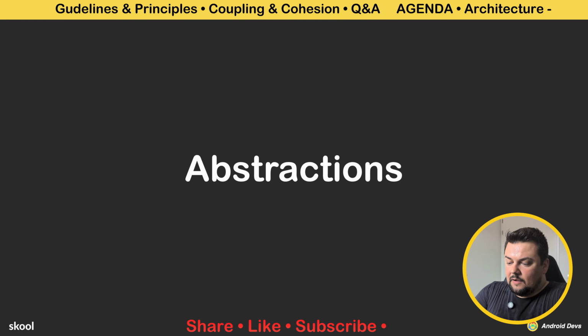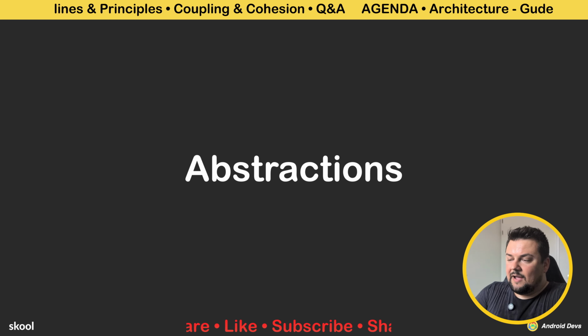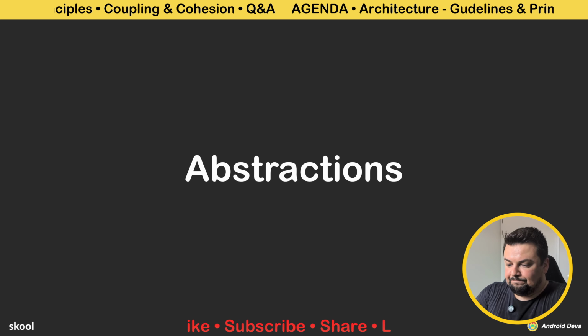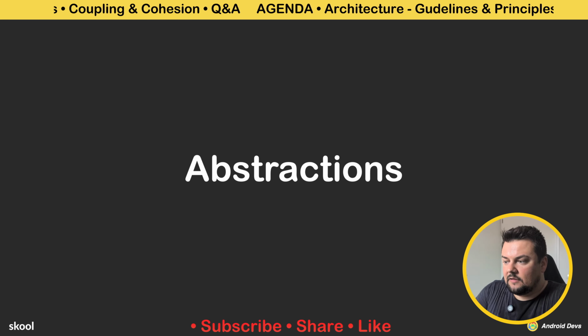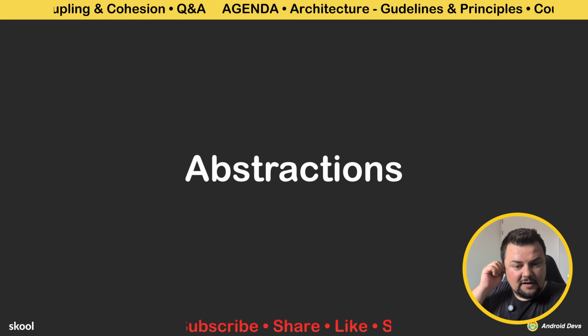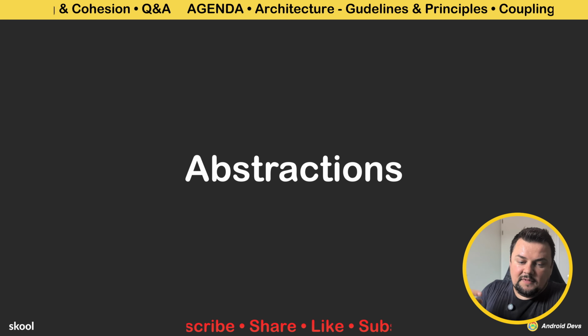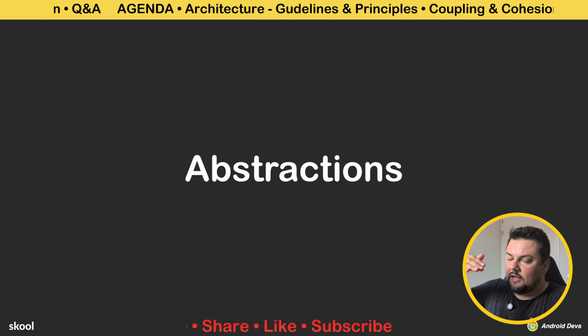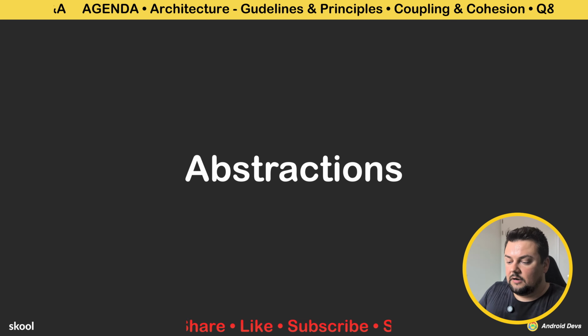So the first thing I want to talk about here is abstractions. Any language out there, any software, is basically letting us work with abstractions. Depending on the language, these abstractions can be very low level, and they can also go higher in the hierarchy.